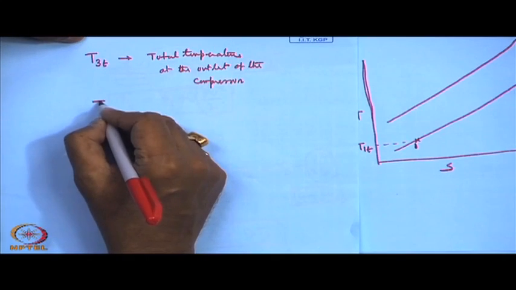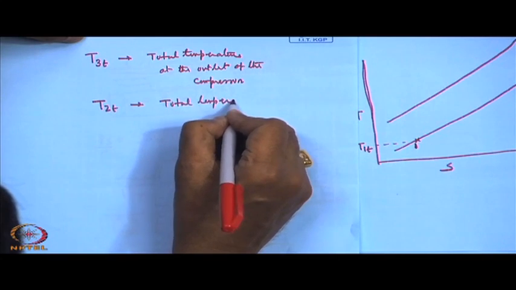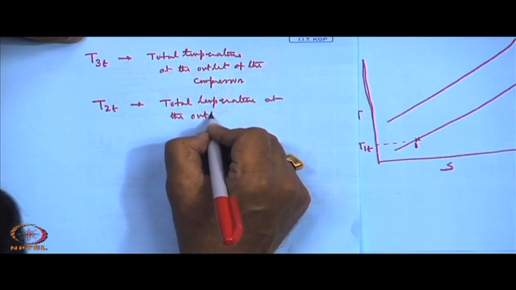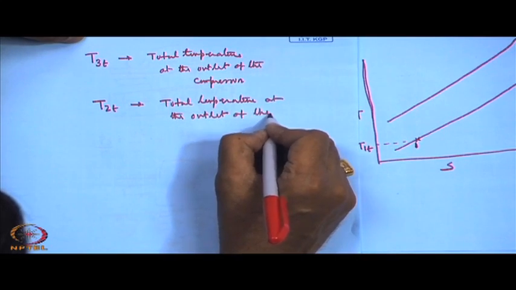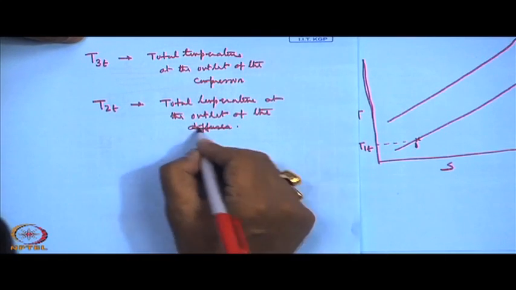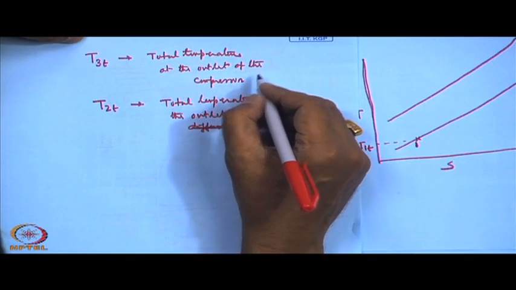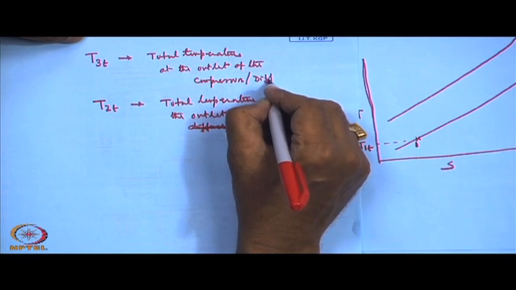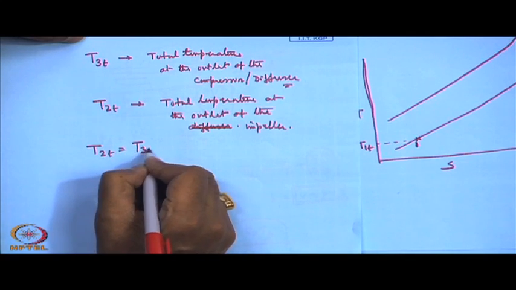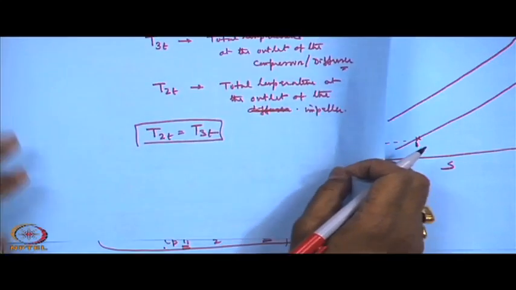Then T2T is the total temperature, or stagnation temperature, at the outlet of the impeller. We can write T2T is equal to T3T, because the total temperature remains the same, as there is no energy added in the diffuser.